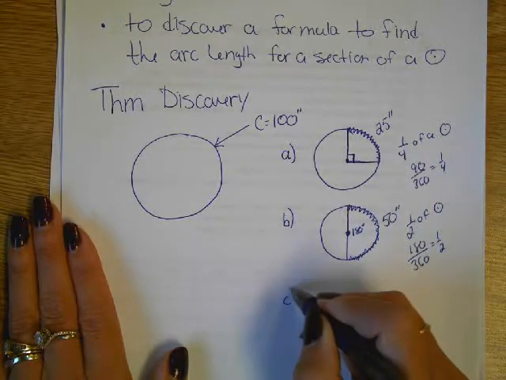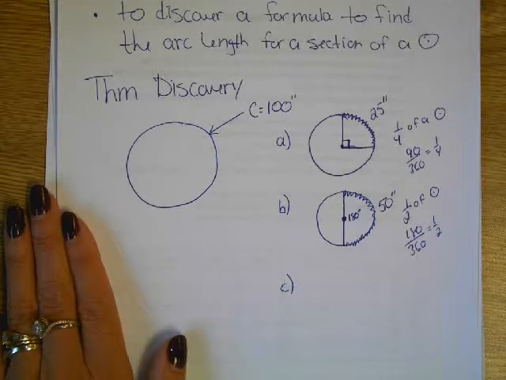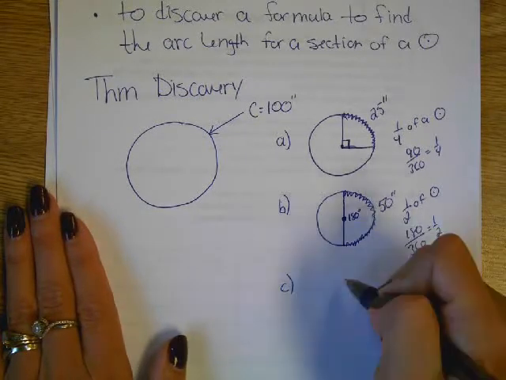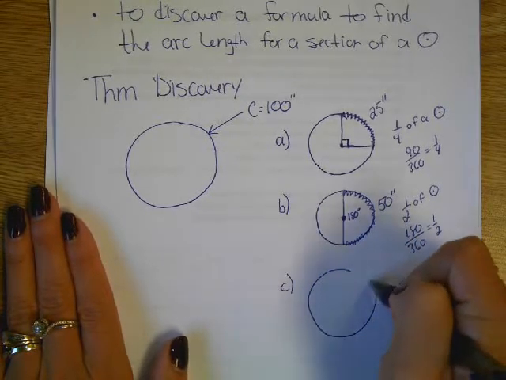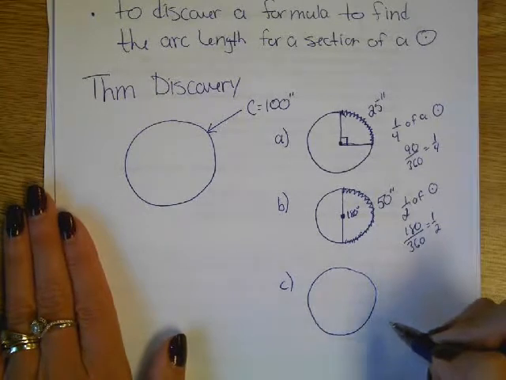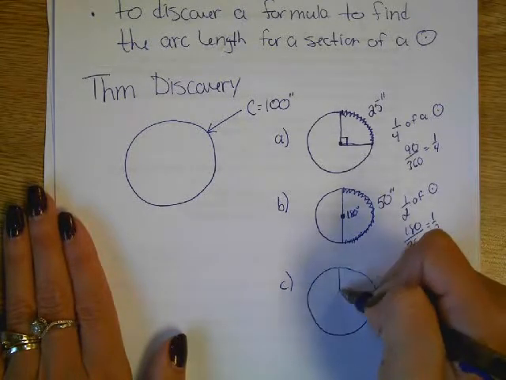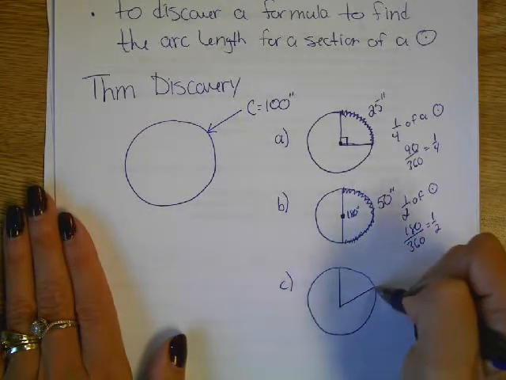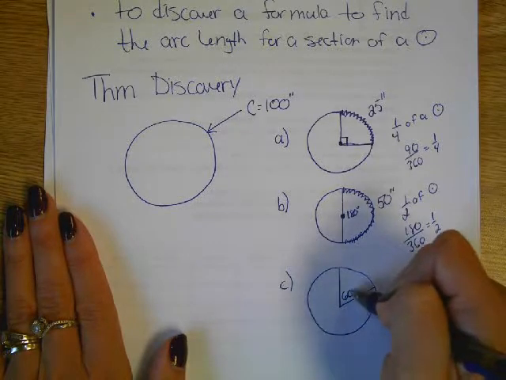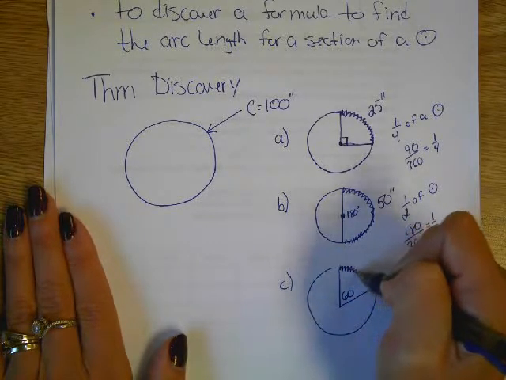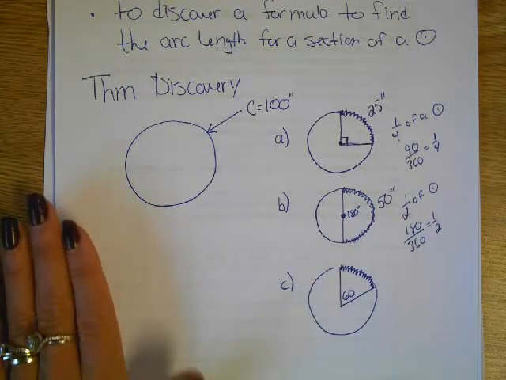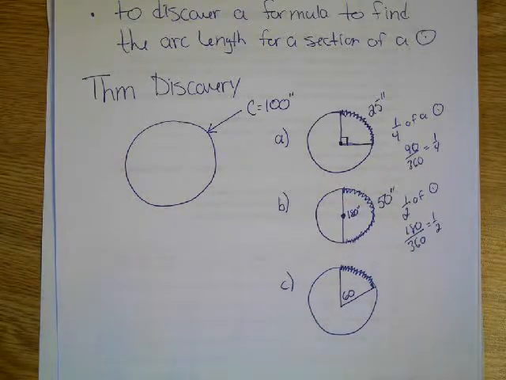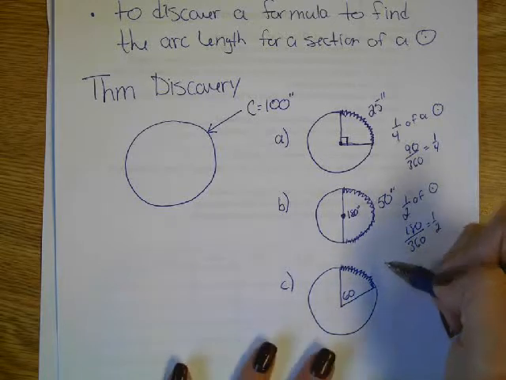Go one more. How about 60 degrees? How would you get that arc length? Isaac? 16.600 inches. How'd you get that?